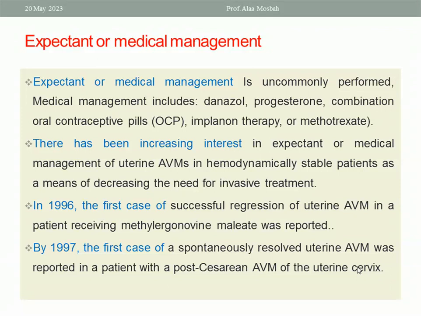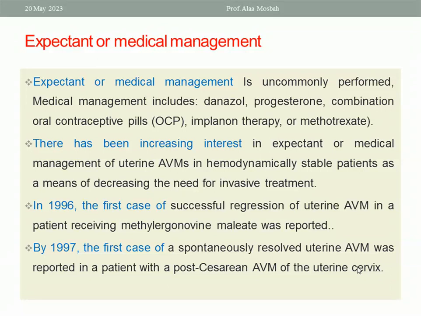This is the medical treatment. Expectant, as I said before, is no treatment, just follow up. Spontaneous closure may happen in 6% of cases. This is a line of treatment called expectant or medical management. Is it commonly used? No, it is uncommonly performed.